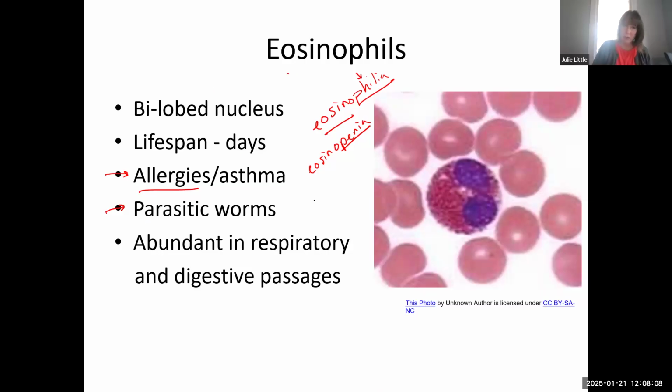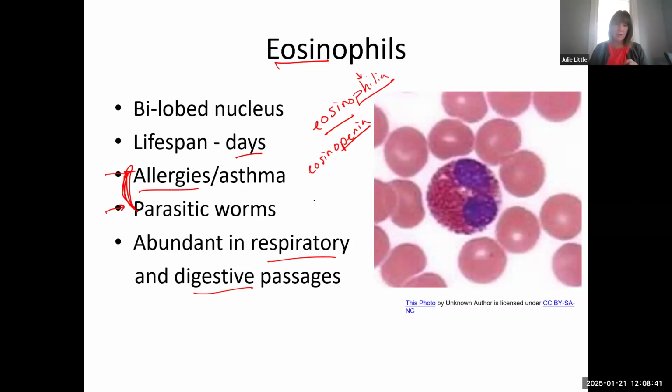But note, when you think eosinophil, think allergies and worms. They have a lifespan of a few days, and they're very abundant in the respiratory and digestive passages. If you think about it, that's mostly the way, besides through the skin, that a parasitic worm is going to enter your body. So it's great that we have these eosinophils to help fight off parasitic worms in these areas.